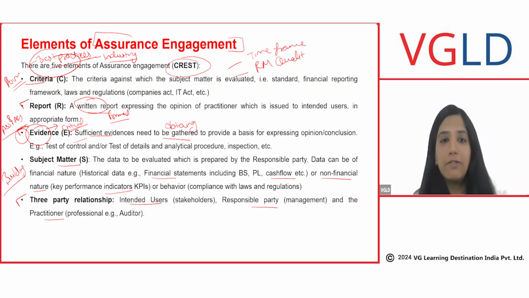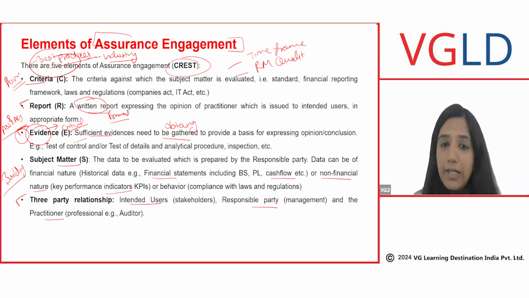So you will have to ask, is there an arithmetical problem? Because, see, on 31st of March liability was 100, and 1st of April it becomes 200. So what happened in that time? That is something which is not acceptable. Your opening balance and closing balance should match.